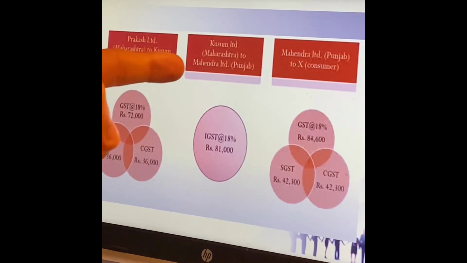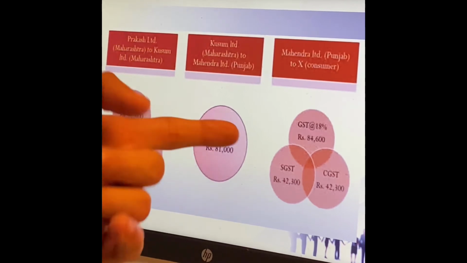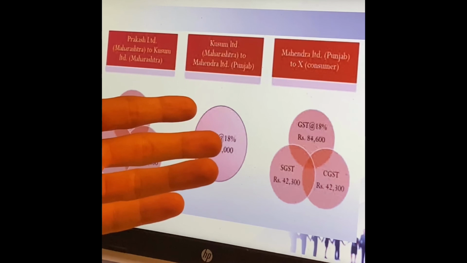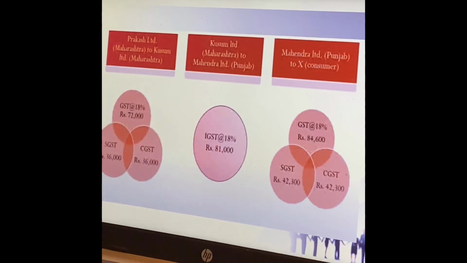Further, Mahindra is selling that product to X. Similarly, GST was 18%, 84,600, and now the GST has been divided into two parts, 42,300 and 42,300. 42,300 will be given to the state government, and the other 42,300 will be given to the central government, known as CGST.